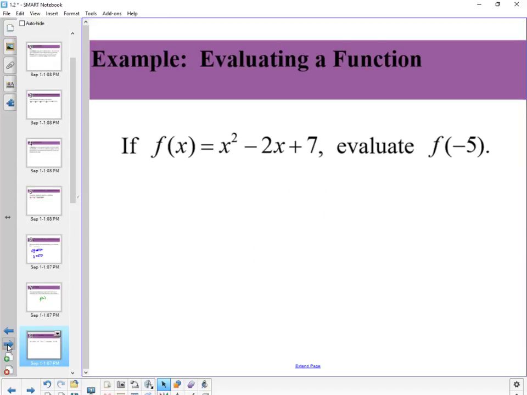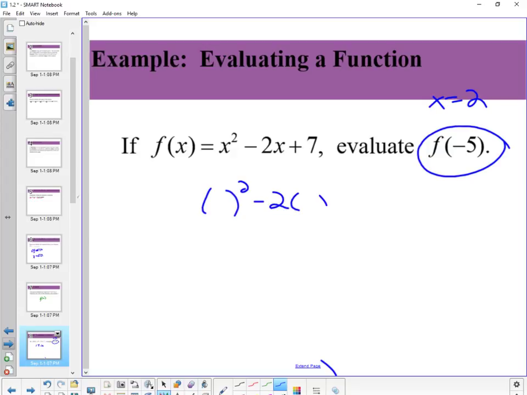So, evaluating functions. Before, they used to give us an equation and say, hey, you know what? Figure out if x is equal to that. You guys remember that? And then you take that little x and you plug it in for every x and you figure out what y is. Well, here's the equivalent. They want us to evaluate f at x equals -5. So, same as before, all the x's become a -5.